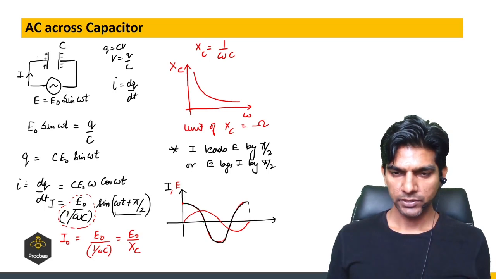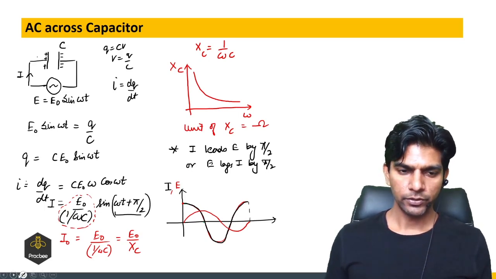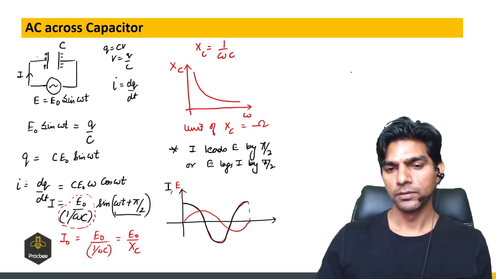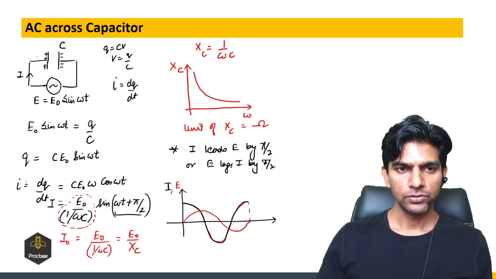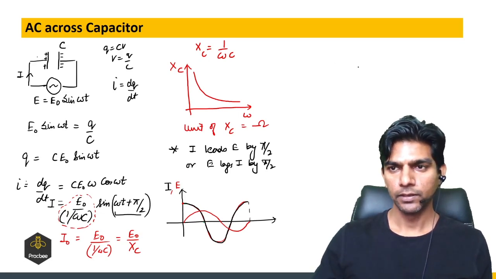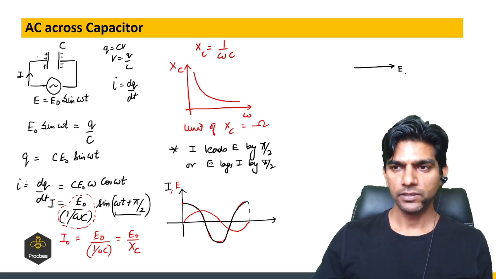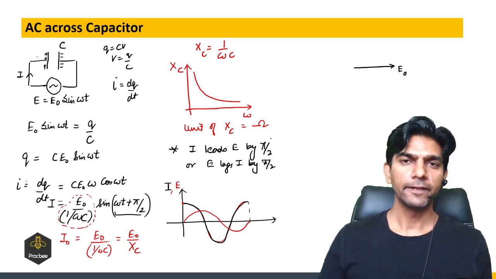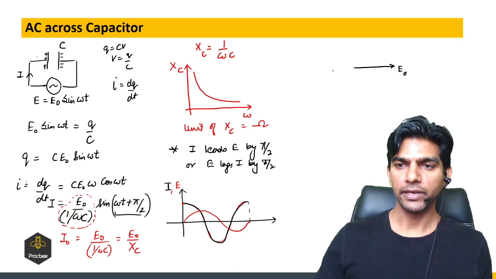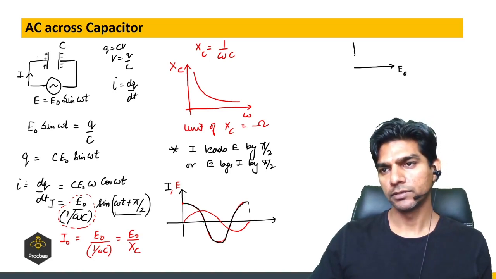So I hope this concept is clear, and let me draw the phasor diagram. So here we have, let us say, this is E naught, and the current is leading by 90 degrees. So I can show it like this.